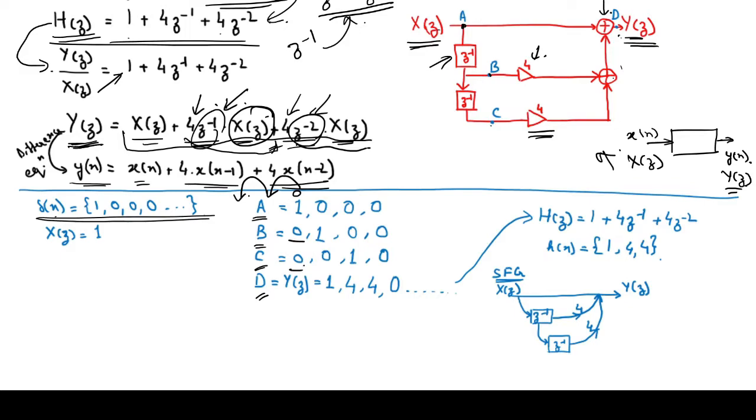So B is 0, this one 0. So we are having at this node 1 plus 0 multiplied by 4, 0 plus 0 multiplied by 4, 0, 1. So output is 1. Okay. Next what?